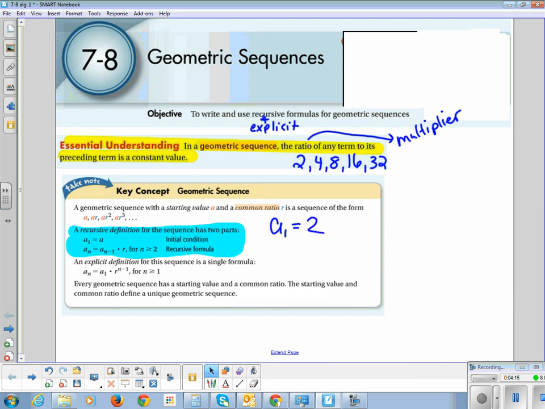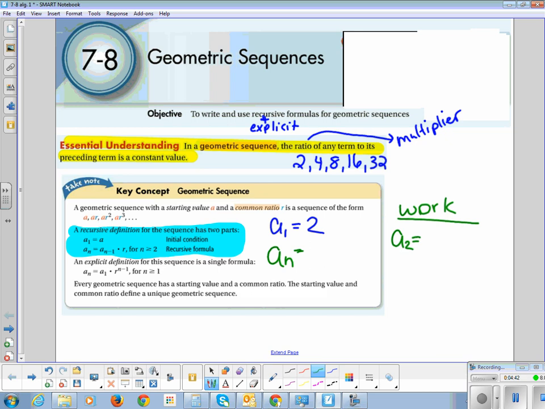Okay, I'm going to do some work. I'm going to put the work over here, and then I'll put the answer over here. n kind of stands for next. So the next term, so a, if I already have 1, so the next term would be this second term in the sequence.